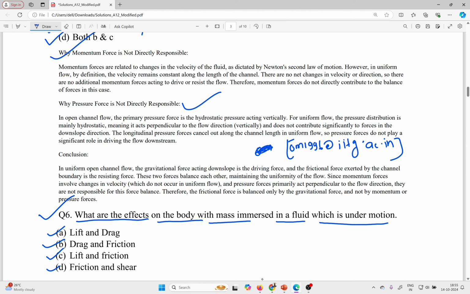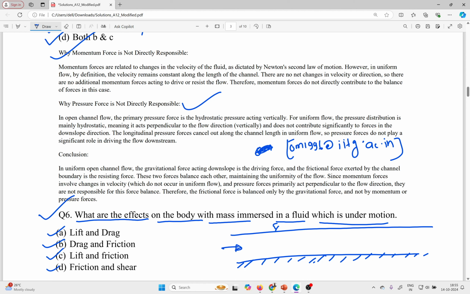Let me draw what the question is actually telling. Let us suppose the flow is like that. So water is flowing. Remember, the question is telling that the fluid is under motion. Fluid is moving. A body is immersed in this, let us suppose like that. So what will happen?